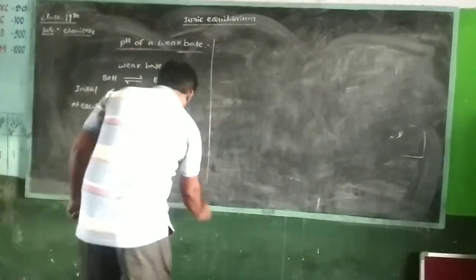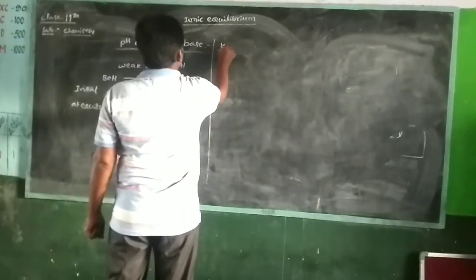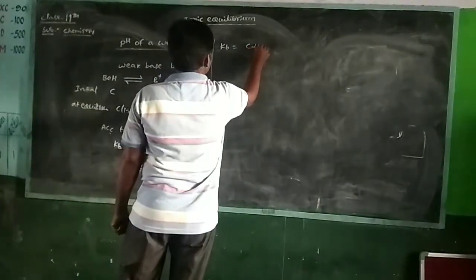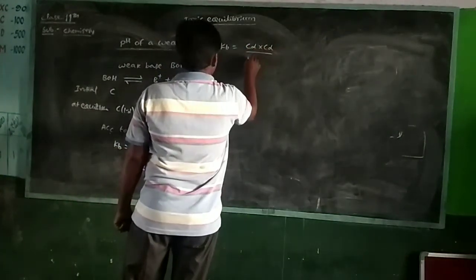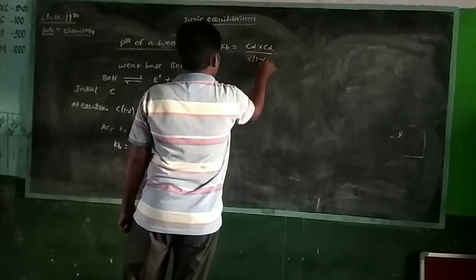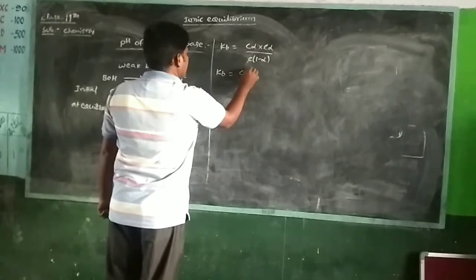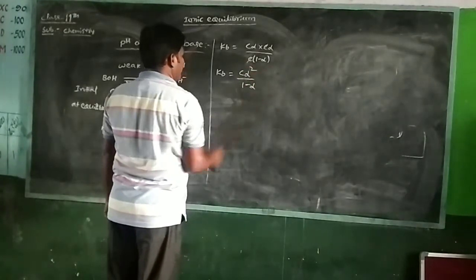Kb is equal to C alpha into C alpha by C into 1 minus alpha. C gets cancelled. Kb is equal to C alpha square by 1 minus alpha.